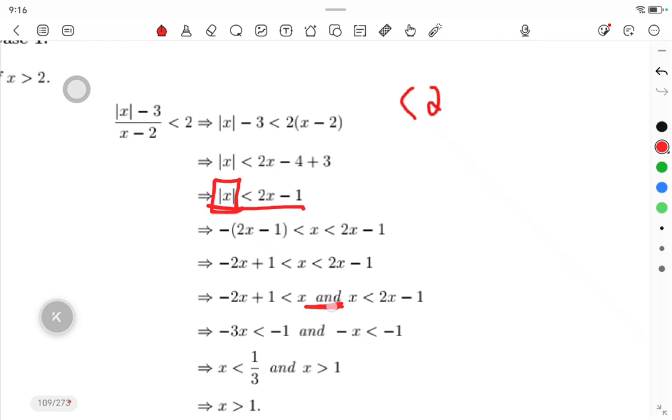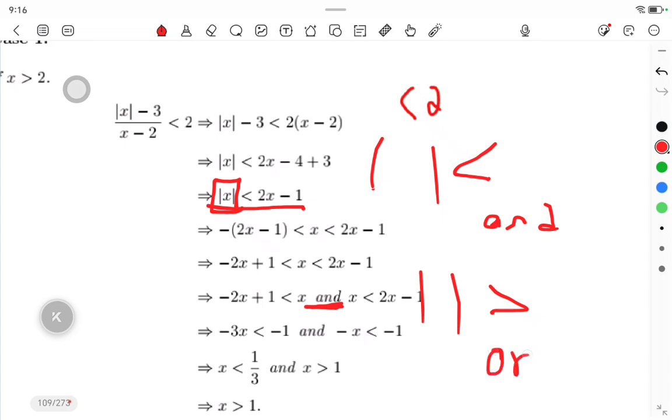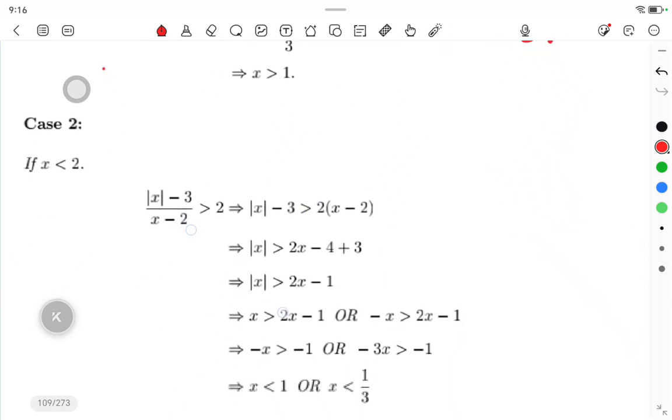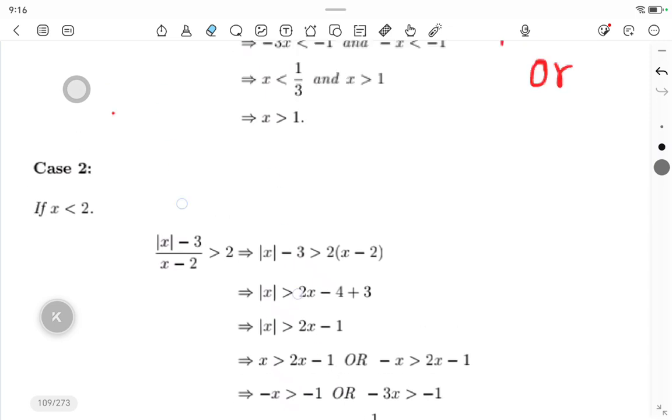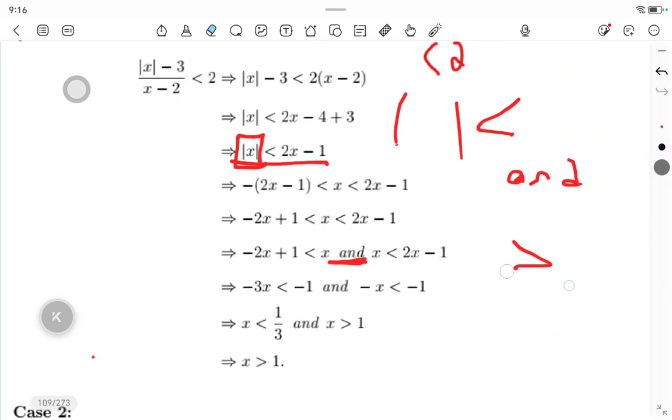Remember I said that when you have less than and you want to separate this, you're going to use and, if everything is inside the absolute values here, right? And I said that if it's greater and there's absolute value here, if you want to separate it, you use or. You see, right? Now let's check. This one is greater. You see, you use or. So let's discuss this method and see how the solutions will differ.